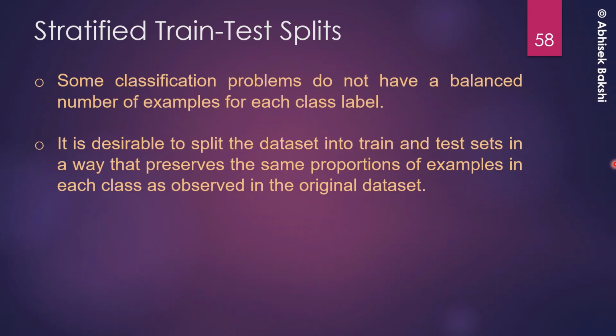If you don't maintain this, what will happen? Just assume a situation. You are dividing randomly into two parts, 90-10. With 90 data, you will train, and with 10 data, you will test. And suddenly, because of some error, the 90 data that you have chosen for training are all normal people, and the 10 data that you have chosen are all diseased people. Is it going to represent well?